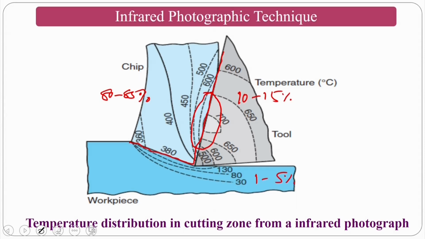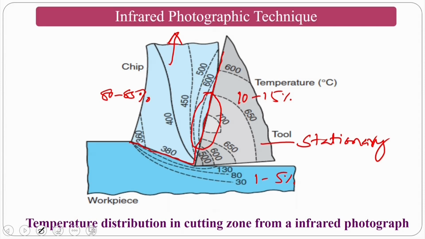Okay. At the same time, the noting point that you have to see is my chip is a continuously moving body, at the same time my workpiece is stationary. So that means my chip, which is taking the heat, is moving continuously on the rake surface of my tool.